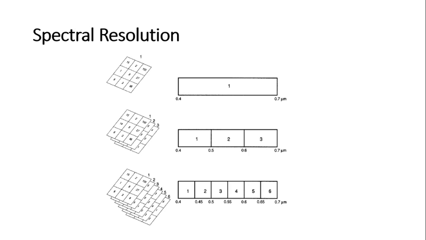The same band can be divided into 100 parts. Imagine 100 parts, 1000 parts, 2000 parts of equal value, then it will be a hyperspectral resolution.